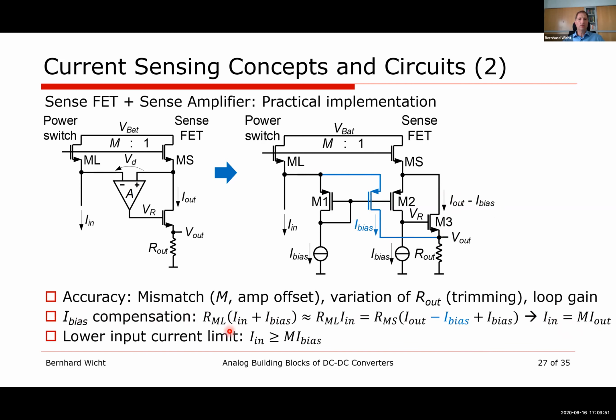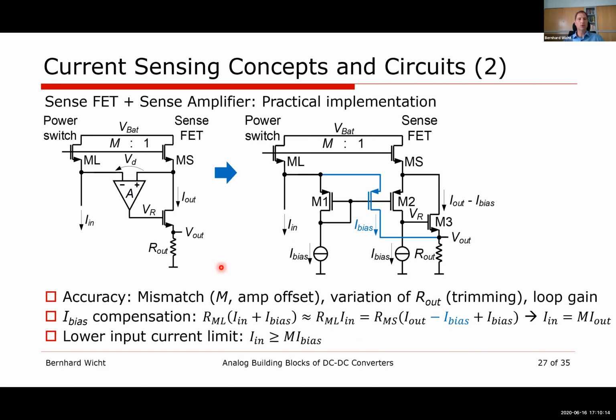What we cannot address is the lower limit of the input current. Since we have a bias current flowing here, which is scaled basically by factor M, the input current needs to be greater than M times the bias current. That's our lower limit; we cannot sense below that. That's usually not a real limitation in practical designs.